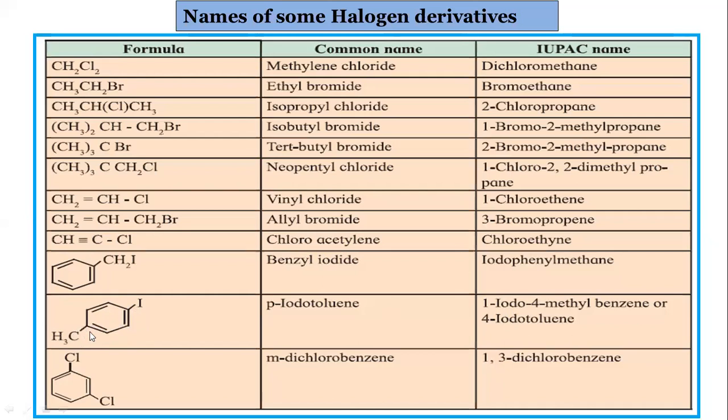If it is considered as toluene, the special group is considered as number 1. So 1, 2, 3, 4 becomes 4-iodotoluene. This is meta dichlorobenzene, or it is also called 1,3-dichlorobenzene.